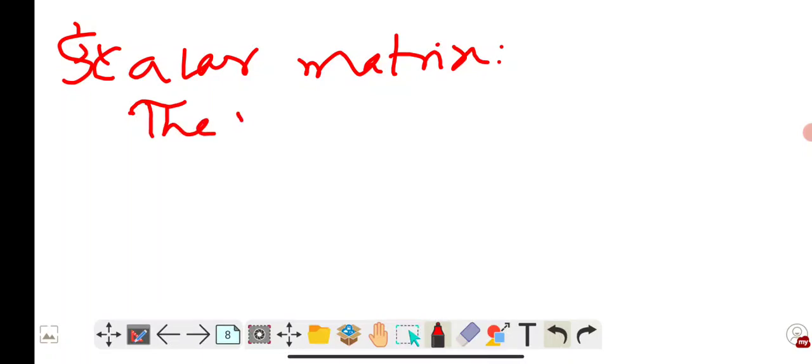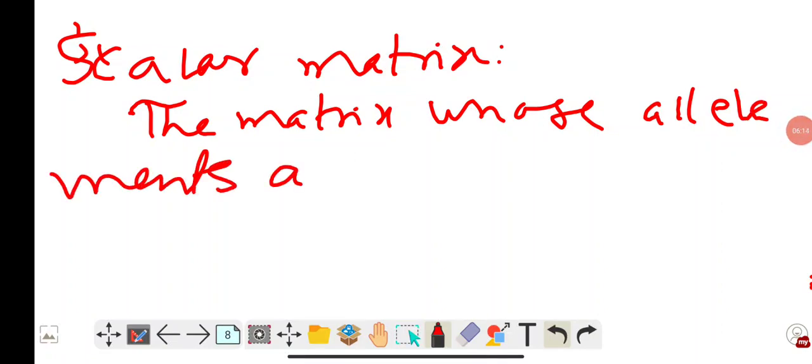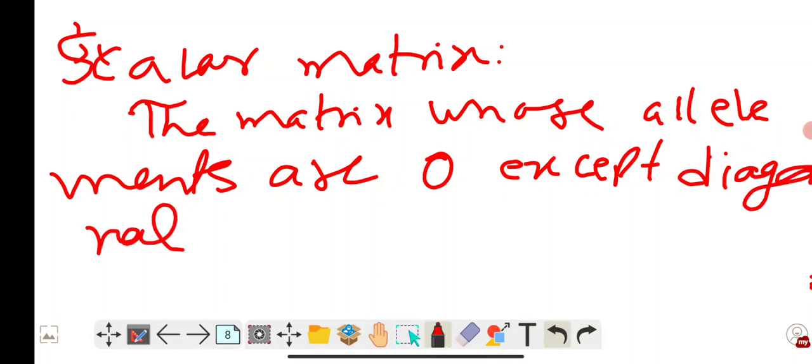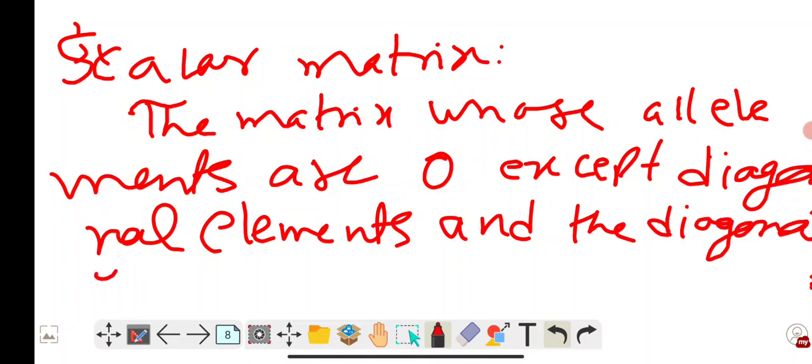The matrix whose all elements are 0 except diagonal elements, and the diagonal elements should be the same.